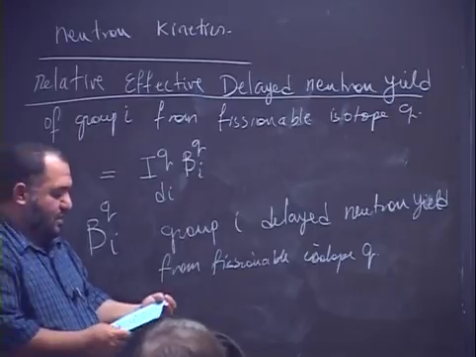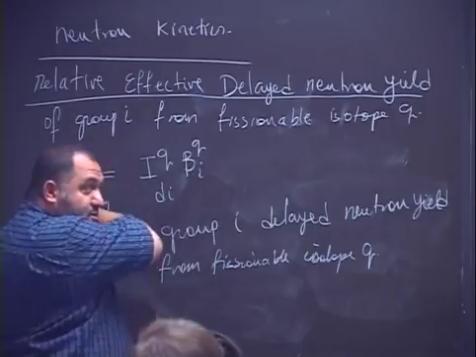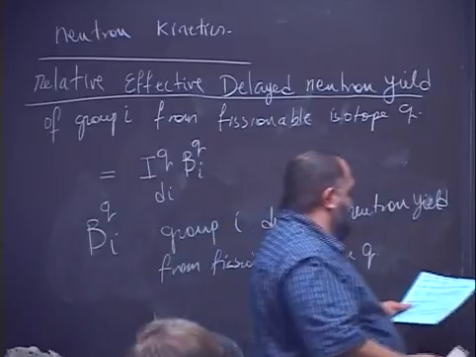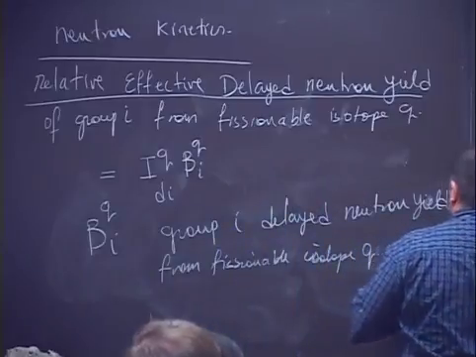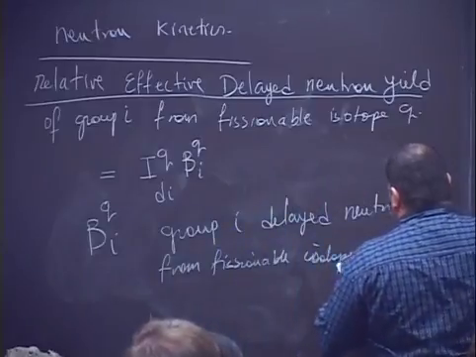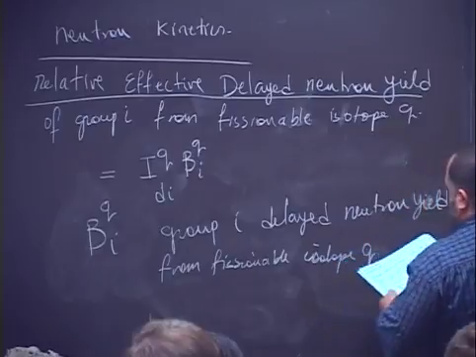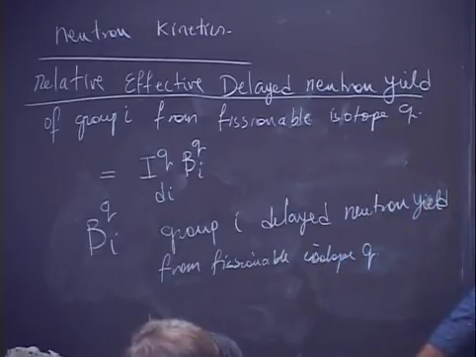So now, if we have a bunch or admixture of isotopes, fissionable isotopes, we have to do something like averaging, as we averaged before.